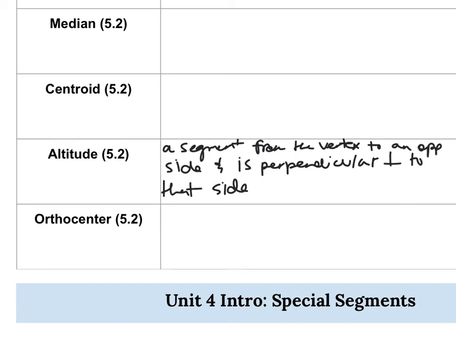For a picture example, if we have triangle ABC, our altitude starts at B and comes down here. If BD is the altitude, we start at that vertex, we are a segment going to the opposite side, and we are perpendicular.